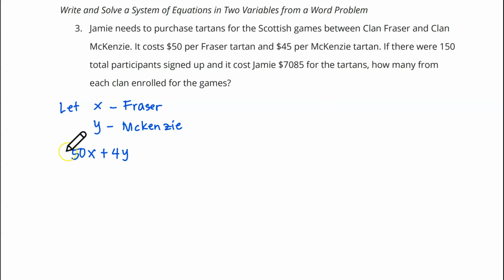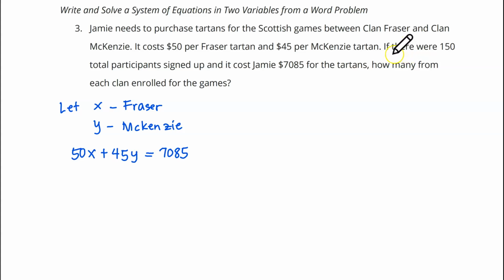So 50x is the cost for Fraser tartan, and 45 is the cost for a Mackenzie tartan, times y, the number of Mackenzies. And this is equal to the total cost, which is $7,085. That's the first equation.